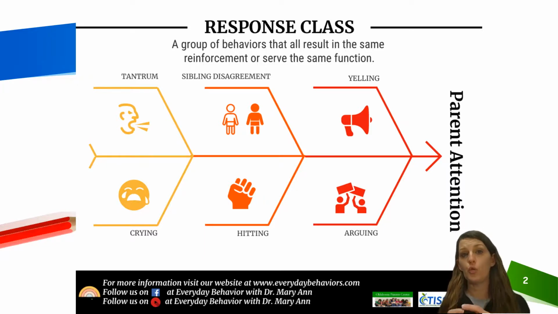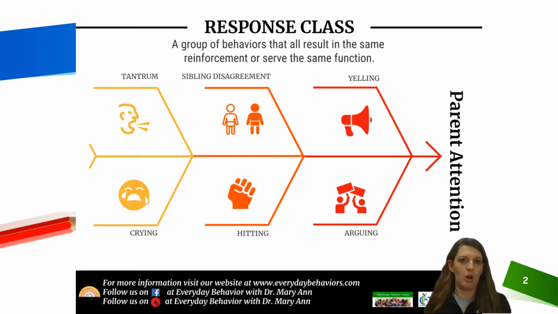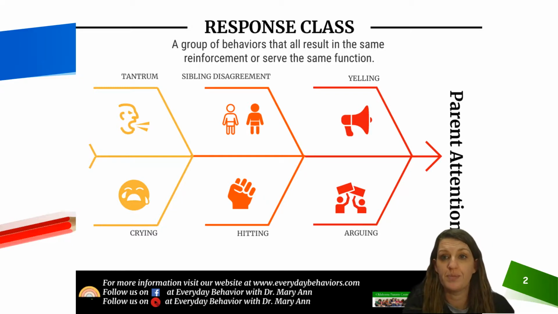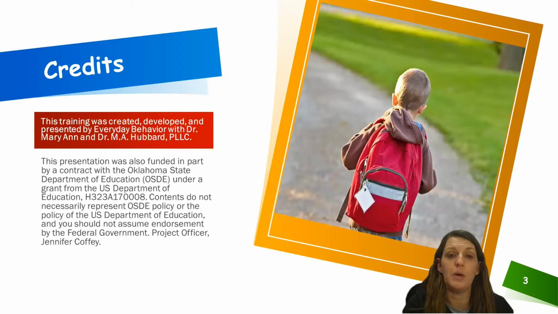Is that part of a greater group or a greater class of behaviors, such as tantrums, sibling disagreements, yelling, that all lead to the same consequence? So sometimes when you're looking at a broader net, you can establish a function easier than if you're assessing one single behavior. I hope that you're finding this information helpful, or maybe it's triggering some new ideas.